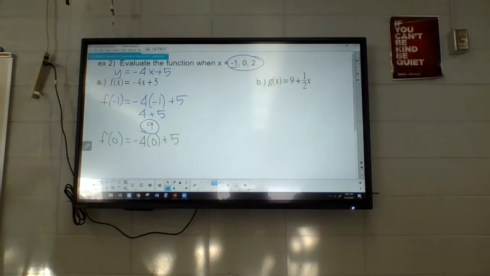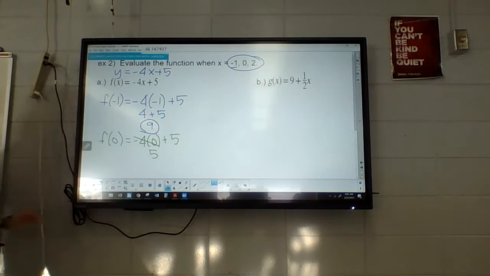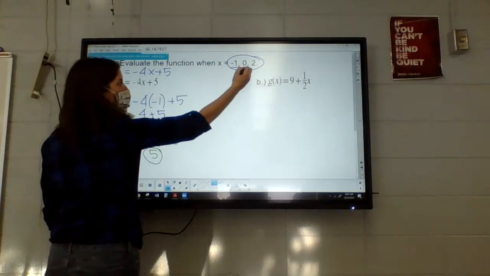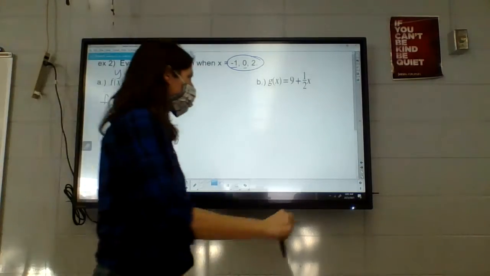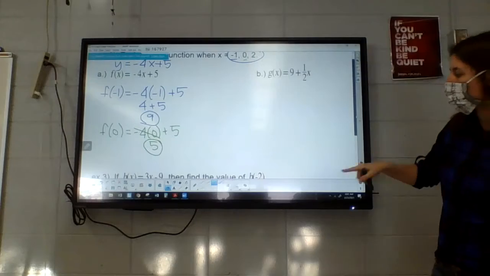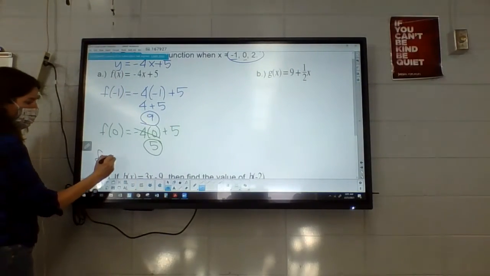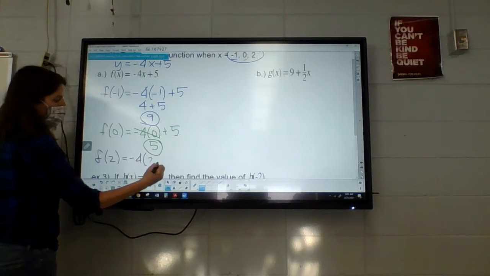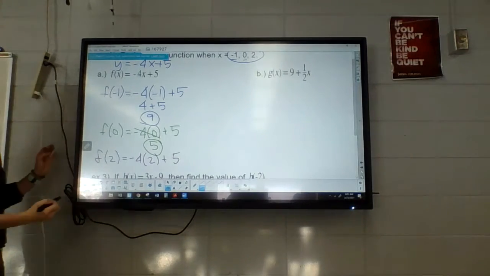Well, the 0 cancels out that part, so it just ends up being 5. So again, that one's done. And then 2, I'll just put 2 in, because I ran out of room. So negative 8 plus 5, so that'll be a negative 3, right?